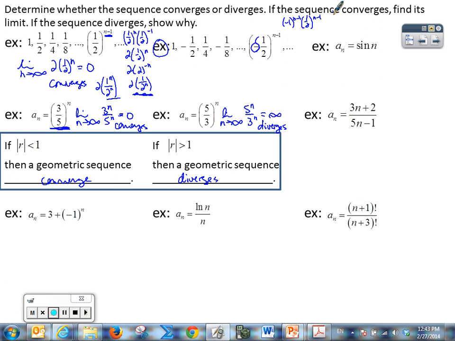I'm just going to break that apart. And we already dealt with 1/2 to the n minus 1 over here. Remember that? I would write it as 2 times 1/2 to the n. So I have this alternating part here on the outside, and I'm going to rewrite this piece as 2 times 1/2 to the n.